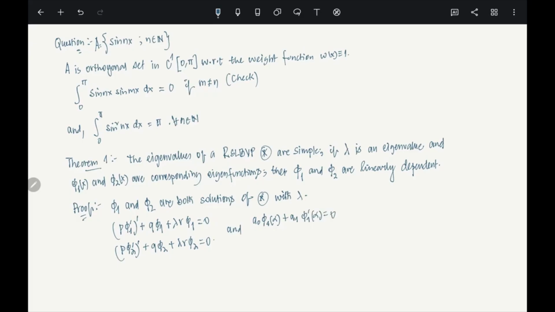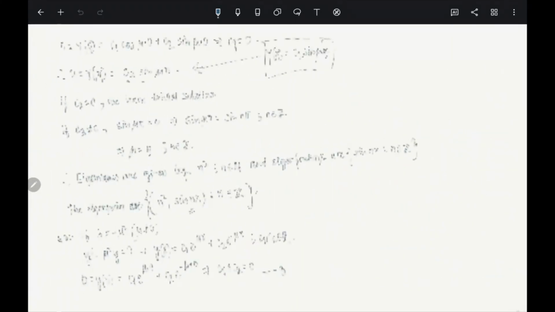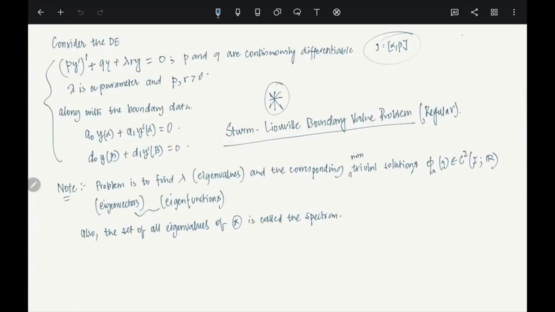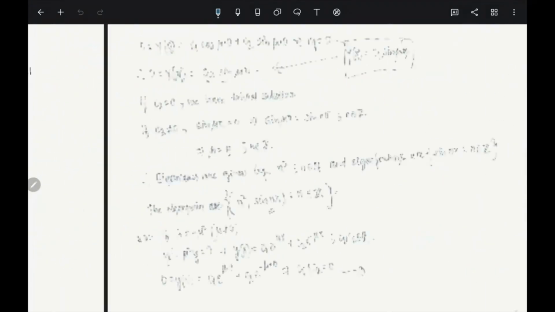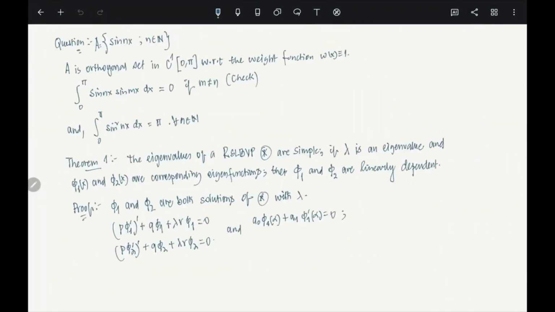And D naught phi1 at the point beta plus D1 phi1 prime at the point beta is 0.